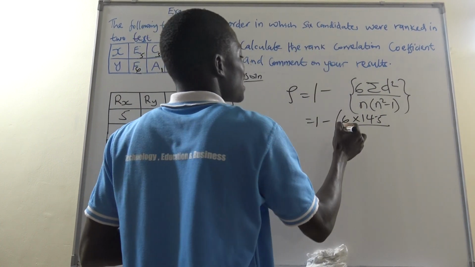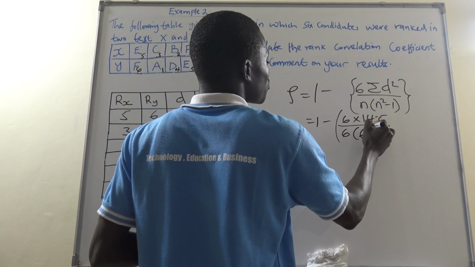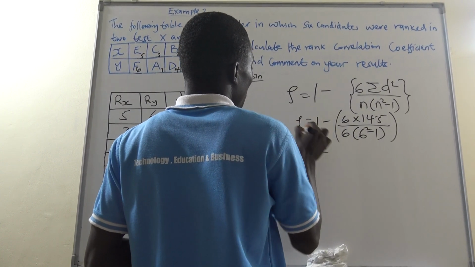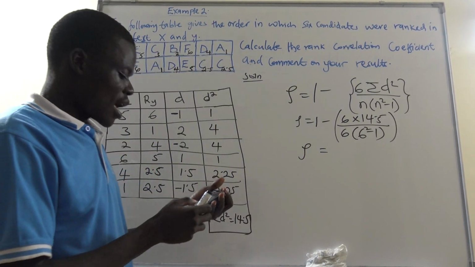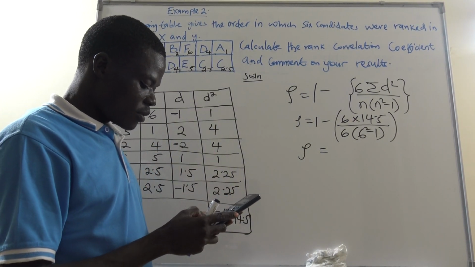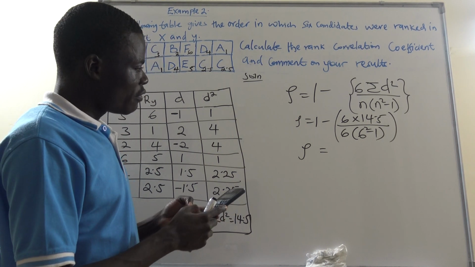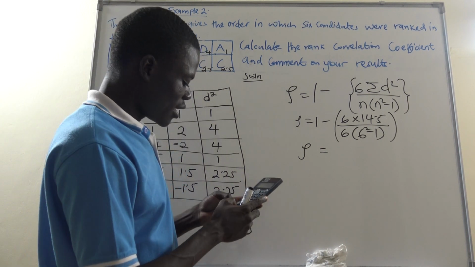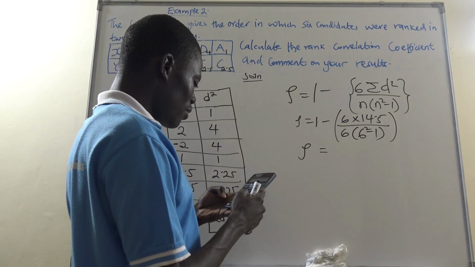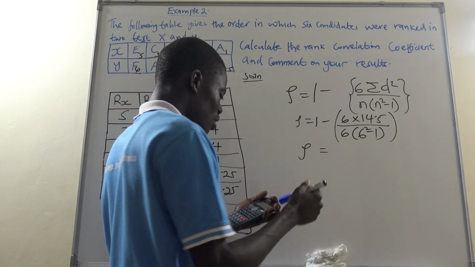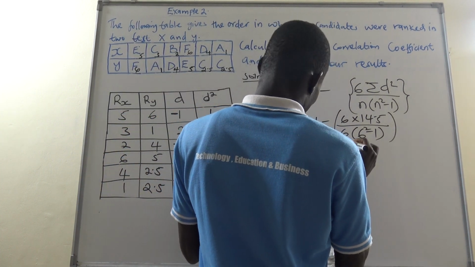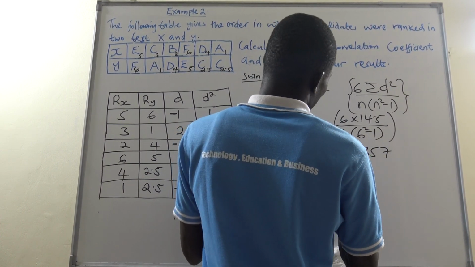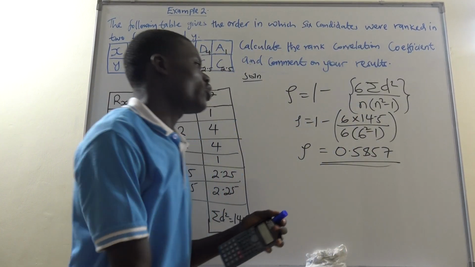They have said there are 6 candidates, so n is 6, into 6 squared minus 1. Using our calculator, that is 6 times 14.5 divided by 6 times 6 squared, 36 minus 1, 35. So when you get 1 minus that answer, you get 0.5857. That is our rank correlation coefficient.